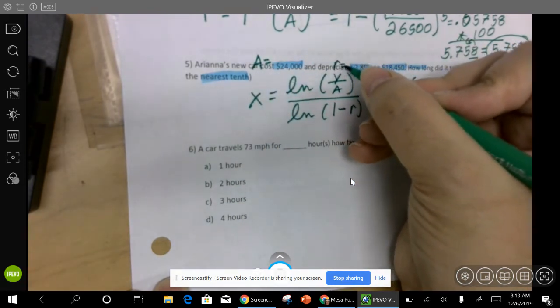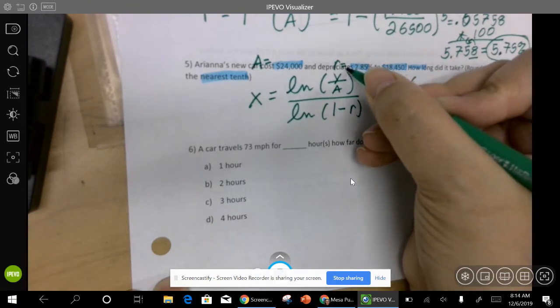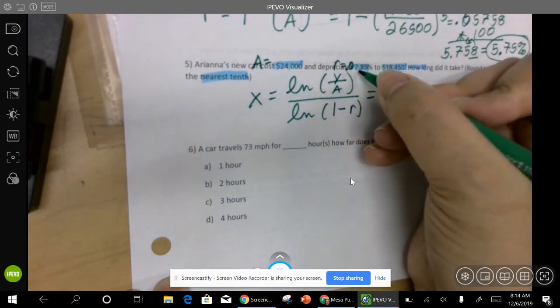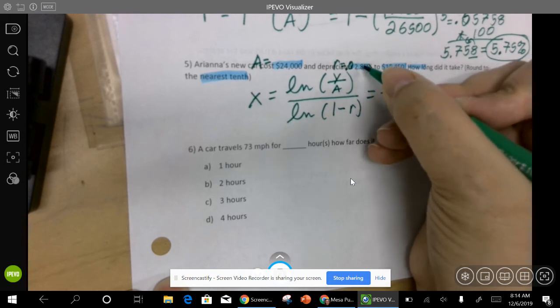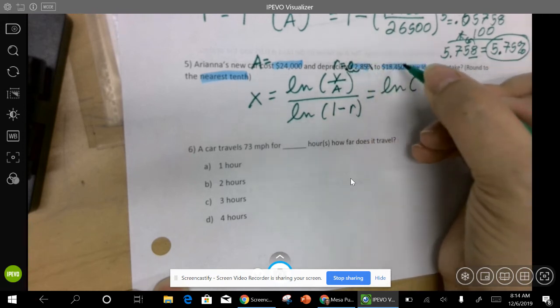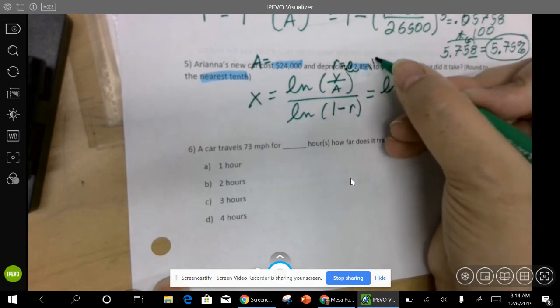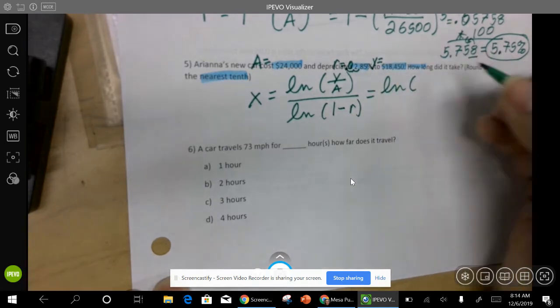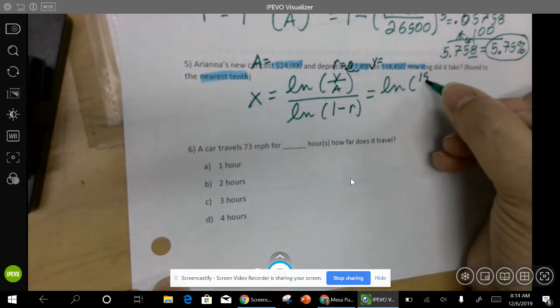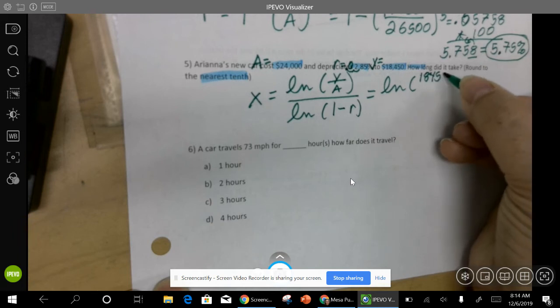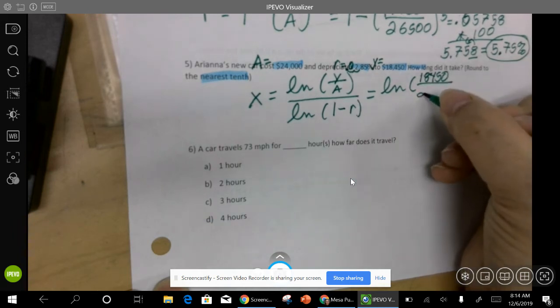My rate is 0.0285 because I dropped the percent sign and moved to the left, adding the decimal and the 0. And y is the 18,450. Read the problems carefully, everybody, so I can identify those variables.